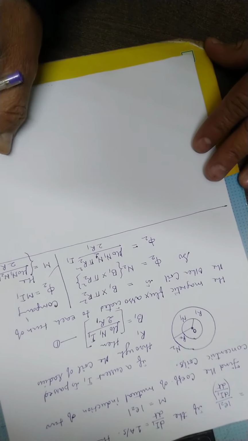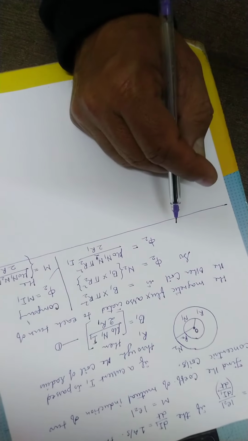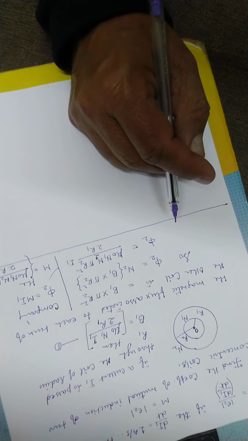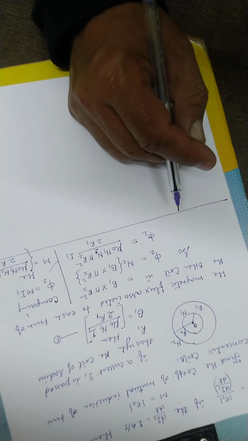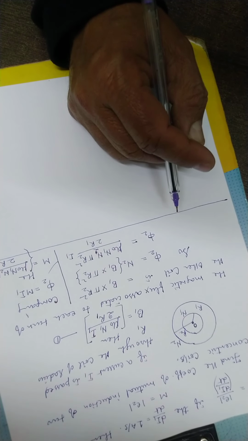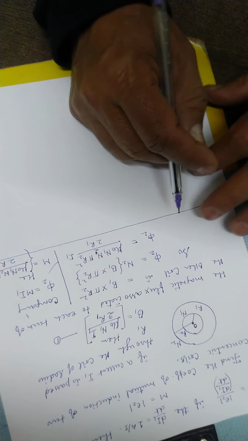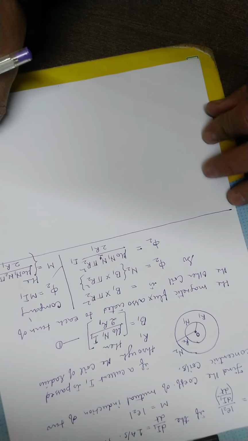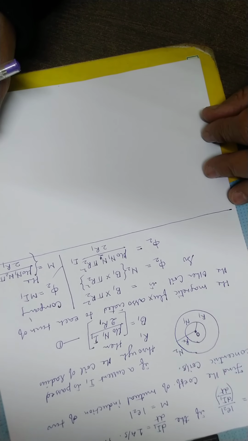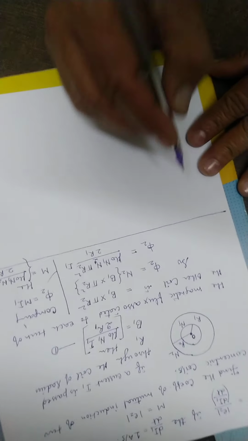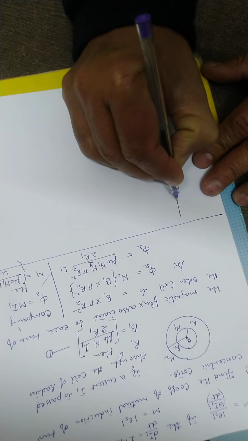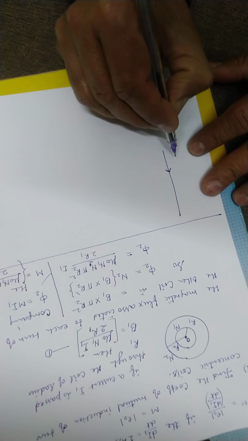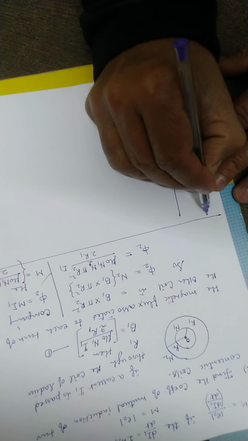Now I give you a very interesting example, or you can say numerical, which often in your earlier classes you were afraid of. Here it is. Suppose there is a current carrying conductor carrying current I. I will write down the question later on.